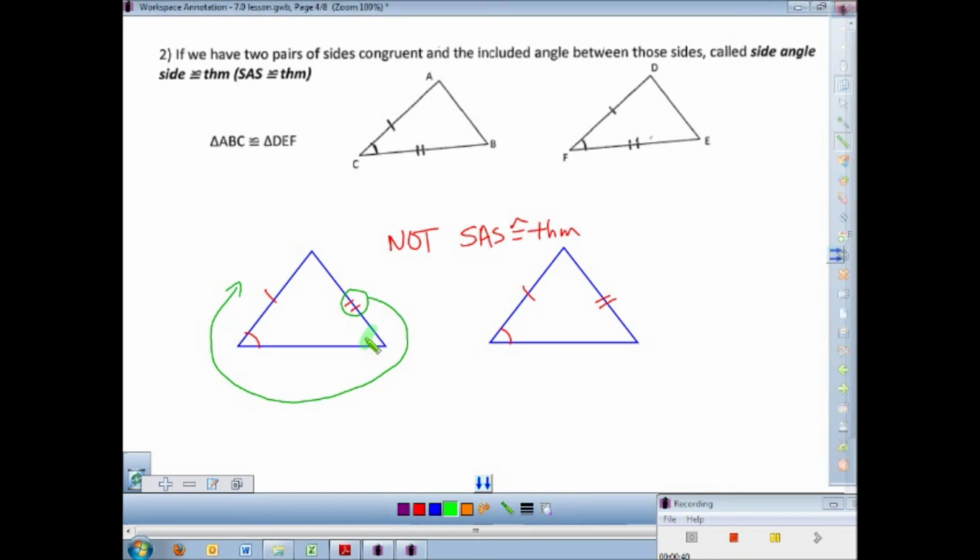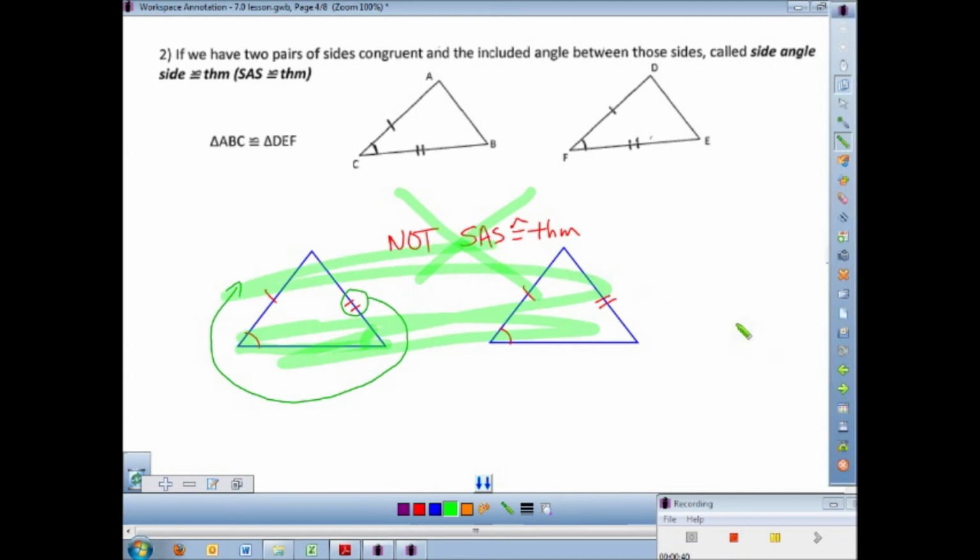I skipped over that angle, and I skipped over this side. I just skipped 2 things in a row. I skipped an angle, and I skipped a side. You can't skip 2 things in a row. So you jumped too many steps, basically. You can't go side, skip, angle, side. It just doesn't work that way. So that's not side-angle-side, so we can't say those 2 triangles are congruent. So with side-angle-side, you have to go around consecutively, and the angle, the arc mark, has to be between the 2 sides when you do it. So it's got to look just like that.